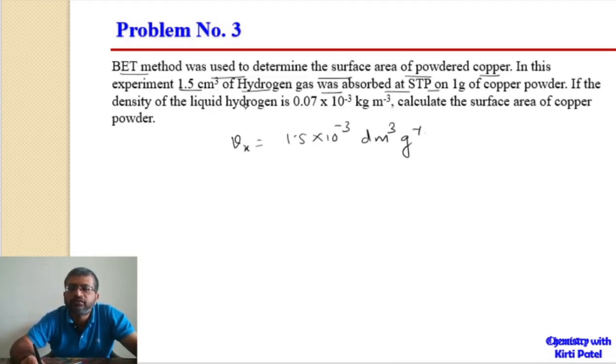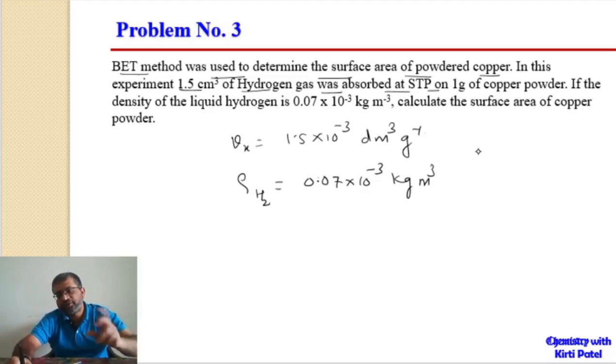If the density of liquid hydrogen is 0.07 into 10 raised to minus 3 kilogram per cubic meter, calculate the surface area of copper powder.